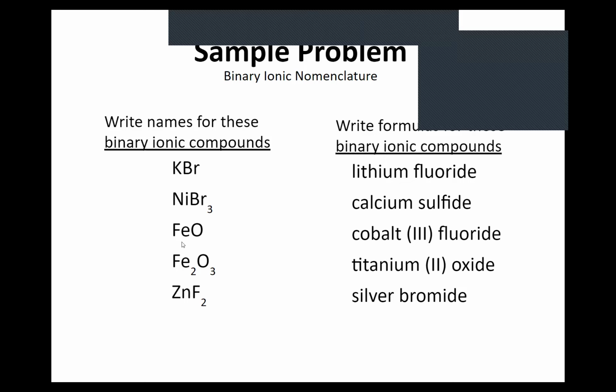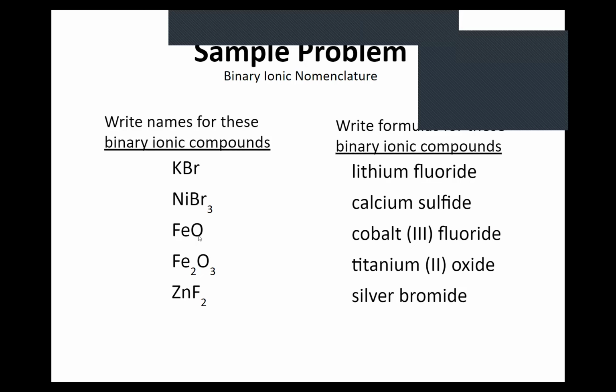These next two are really interesting. FeO. Fe is a transition metal. I'll give you a second to find it. It's two elements to the left of the nickel, element 26. So again, it's a transition metal. We're going to need a Roman numeral when we name this. But what Roman numeral should we give it? Well, we have to look at what it's paired with. Oxygen is paired with the iron in this case, and in a formula that takes one atom of each. So one iron cancels out the charge of one oxygen.